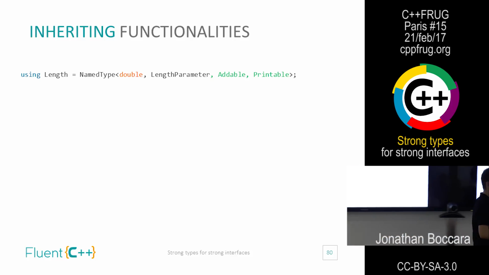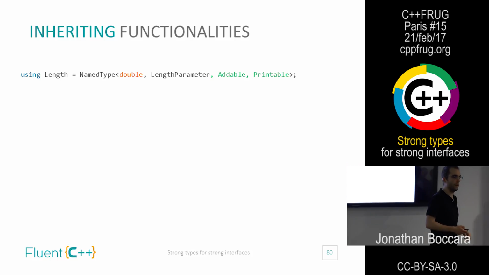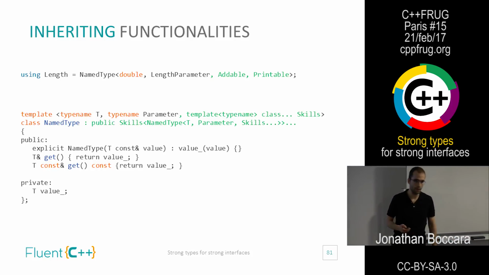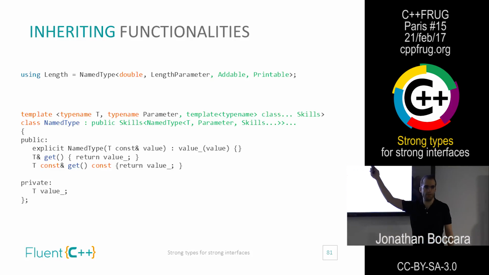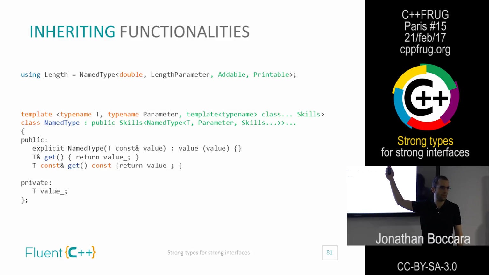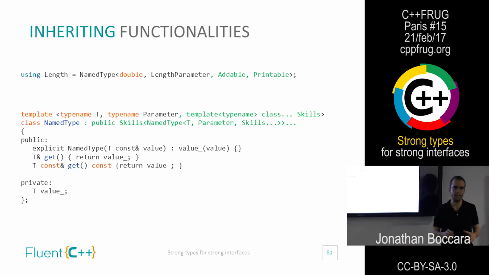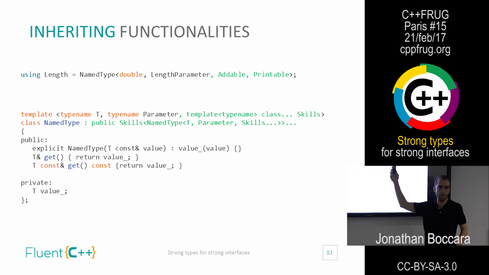It turns out that it's actually much more simple than it looks. And we can do that just by using policies. So we can take all the skills that we want the strong types to offer, take them into a variadic pack, and then derive from them, right?